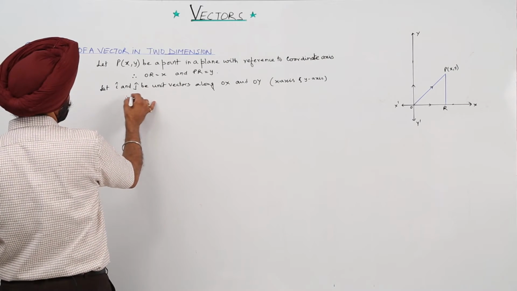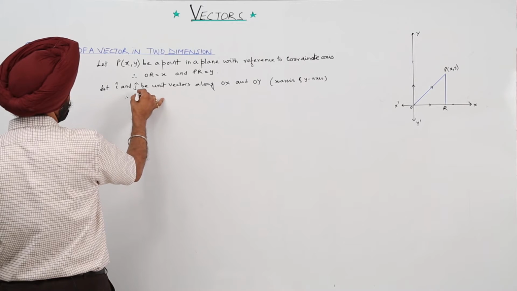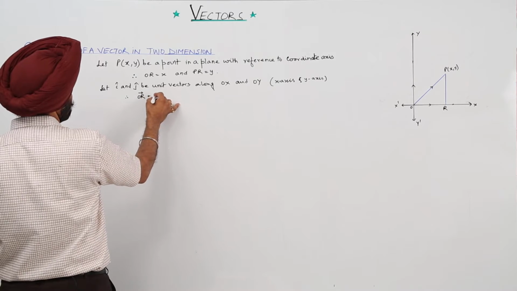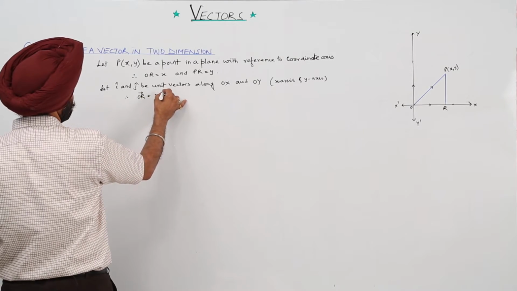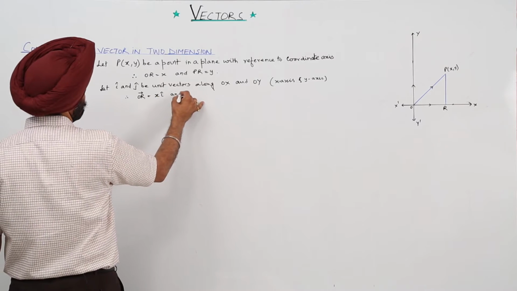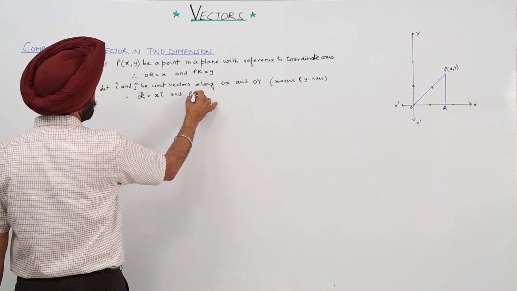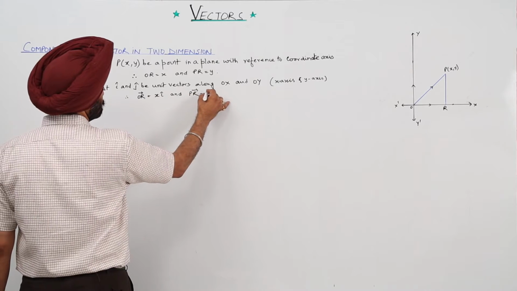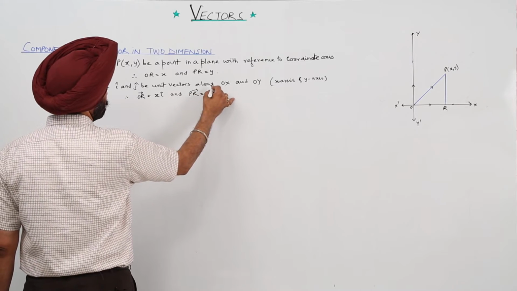Therefore, now we have vector OR equal to x i cap and vector PR equal to y j cap.